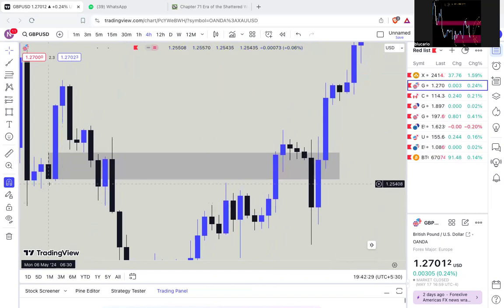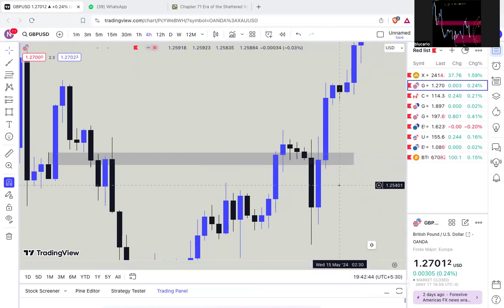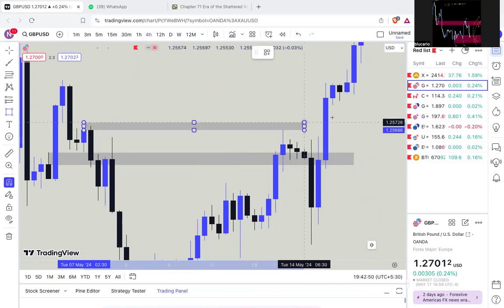We can see here an engulfing buy fail. But you can also see that while it made an engulfing buy fail, it also made an engulfing sell here. So in such situations, you will get two critical levels. One is this critical level, and the second is the critical level of the engulfing sell.